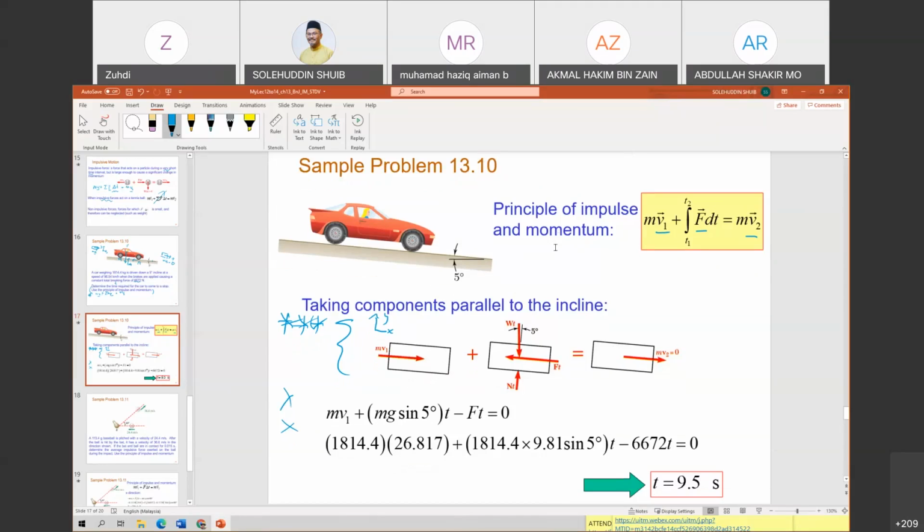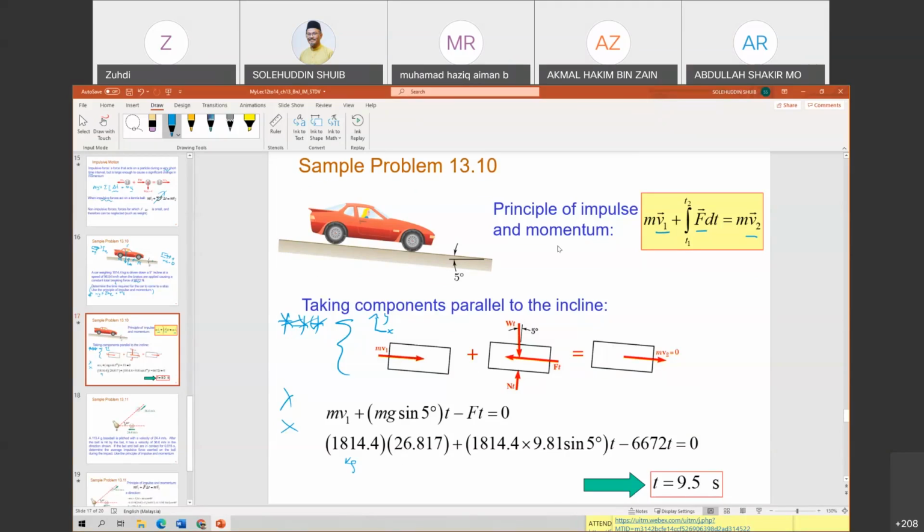Then you substitute the values. Based on the information you have, m is in kilograms, but the speed is in kilometers per hour, so you do the conversion so that you have consistent values.